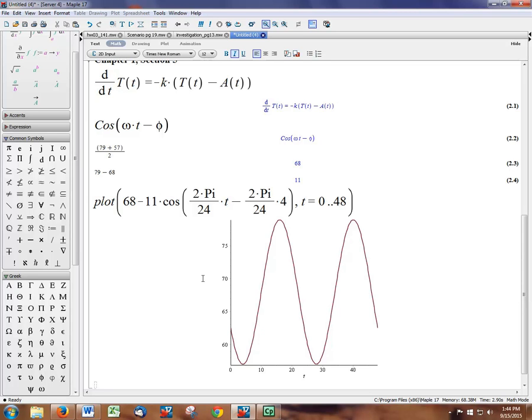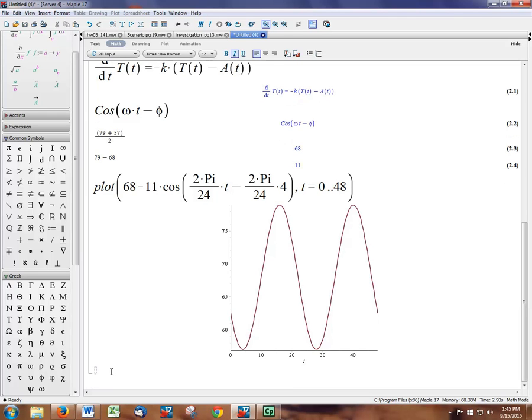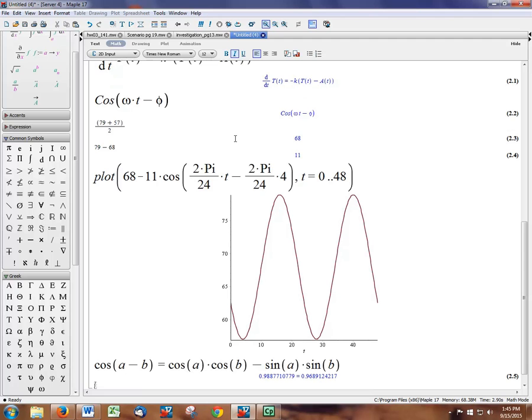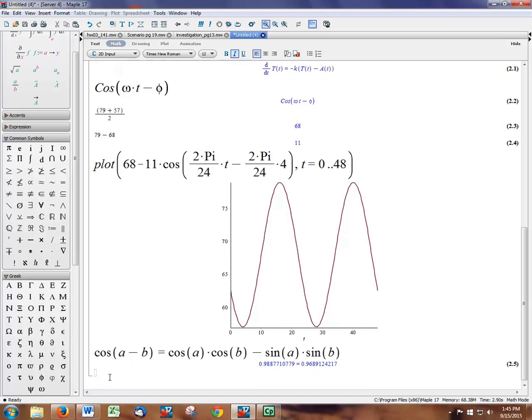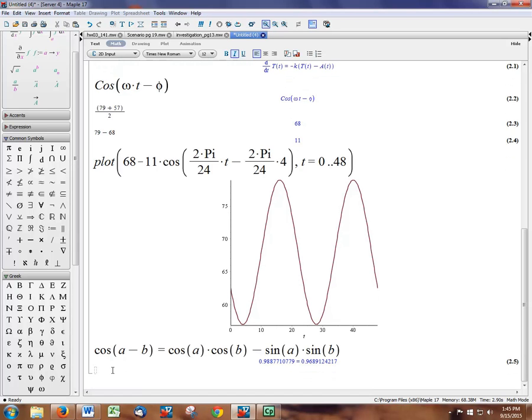Okay. Now it doesn't look like the one they have in the book, but what you have to remember is a trig identity. So let's do that trig identity. We know that cosine of A minus B is equal to cosine of A times cosine of B minus sine of A times sine of B. And it has done that for me for my A's and my B's that I've already defined earlier in this online lecture.